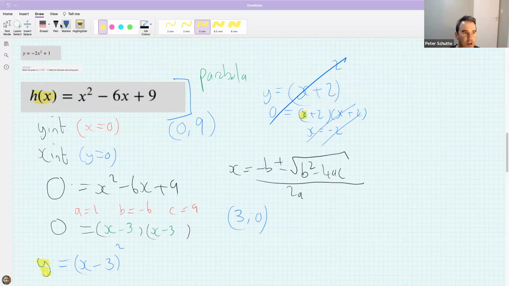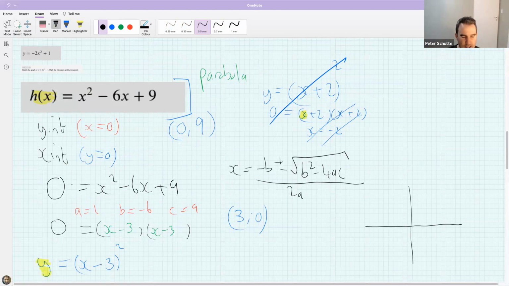And so the reason there's only one x-intercept, maybe you can guess, what do you think the -3 does to this graph? The basic x squared graph goes straight up. This one is shifted across so that it cuts the x-axis only at 3. So it cuts that at 3, and then over here it cuts it at 9.